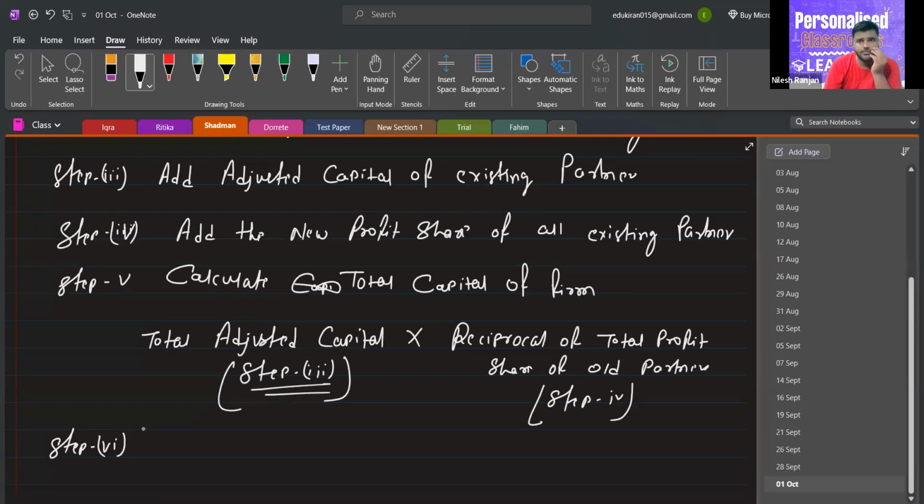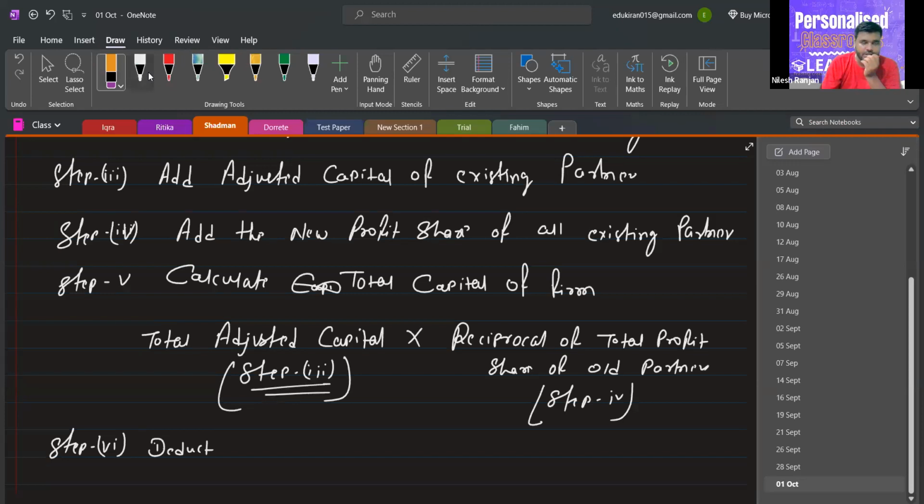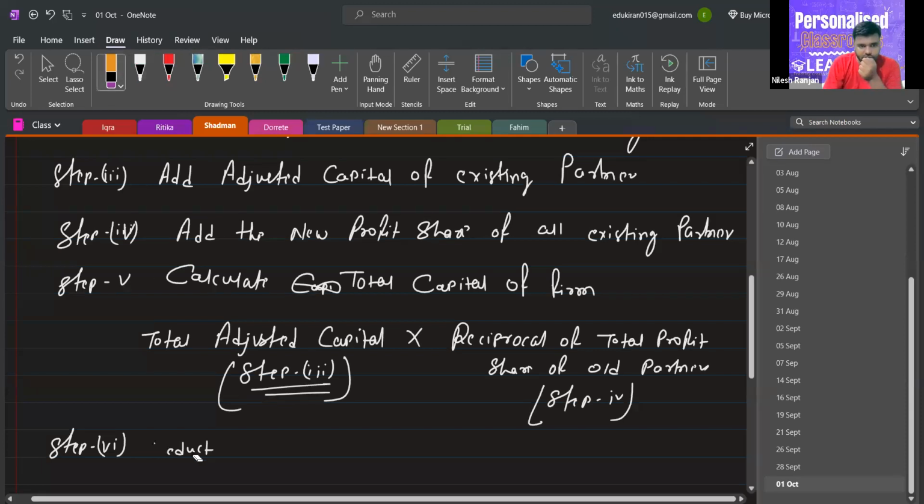Now step 6 is to deduct the total adjusted capital, or leave the adjusted capital. Actually, there are 2 methods for calculating the partner's capital. So don't deduct.